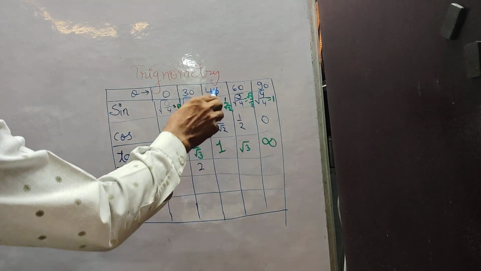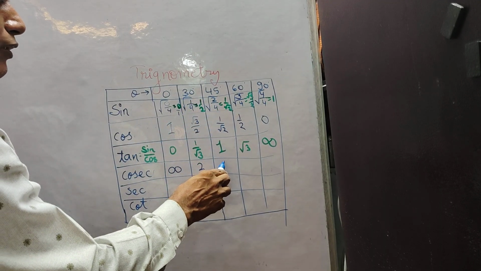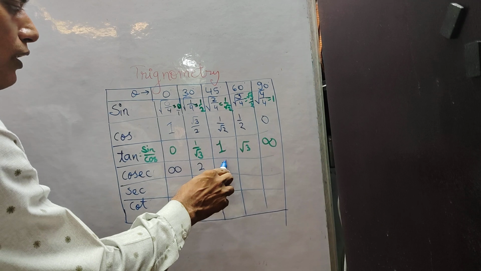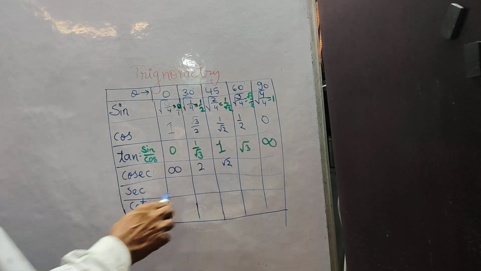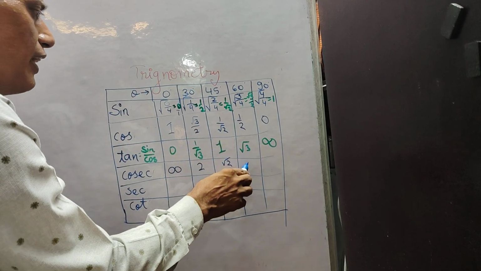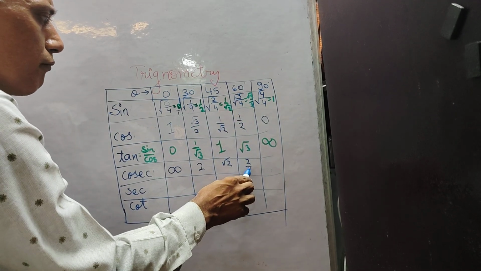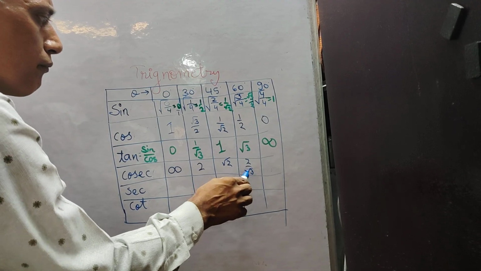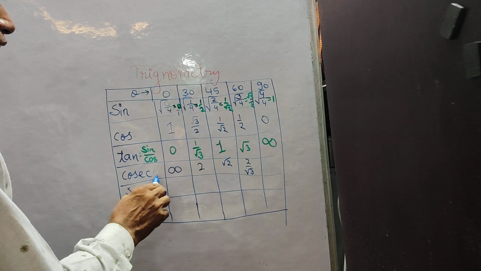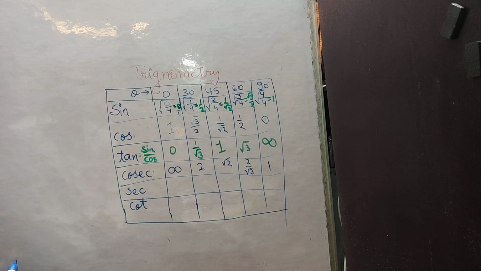Cosec 45 is the reciprocal of sine 45: 1 by root 2's reciprocal is root 2 by 1, that means root 2. Cosec 60 is the reciprocal of sine 60, that means 2 by root 3. And cosec 90 is the reciprocal of sine 90, so the reciprocal of 1 is 1.